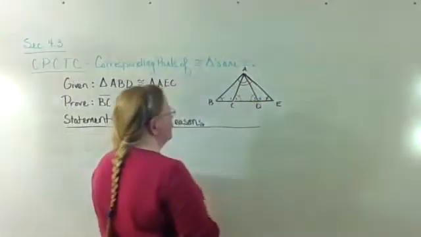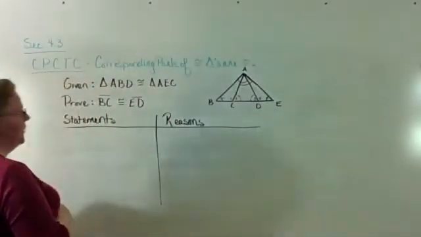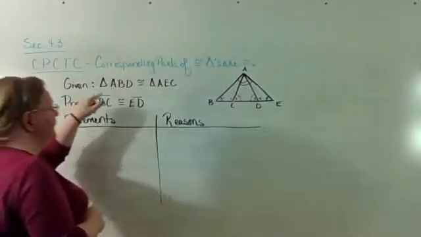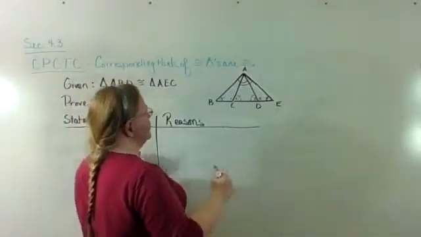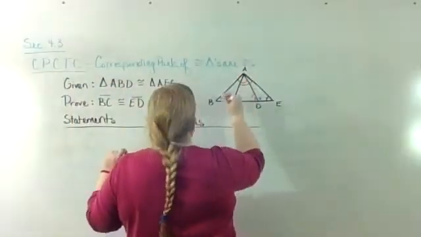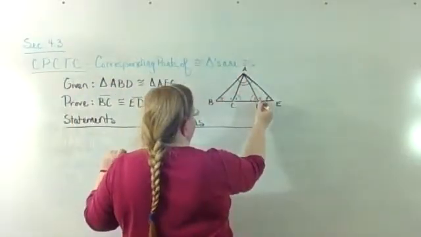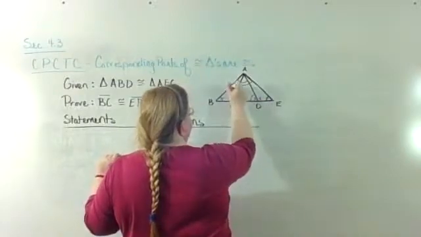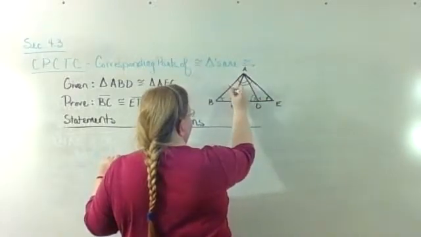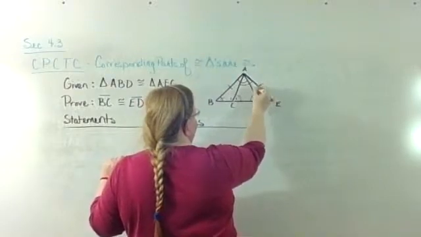That means my 3 and 2 are congruent. Okay? And going back to the sides thing, triangle ABD, that means that this side must be congruent to that side.